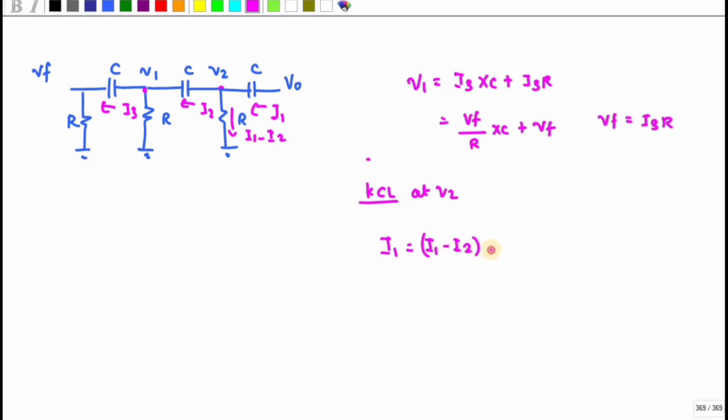So this I1 minus I2, I can write as V2 divided by R, plus I2.